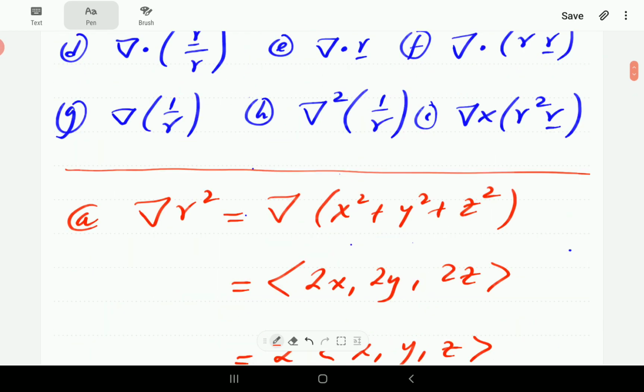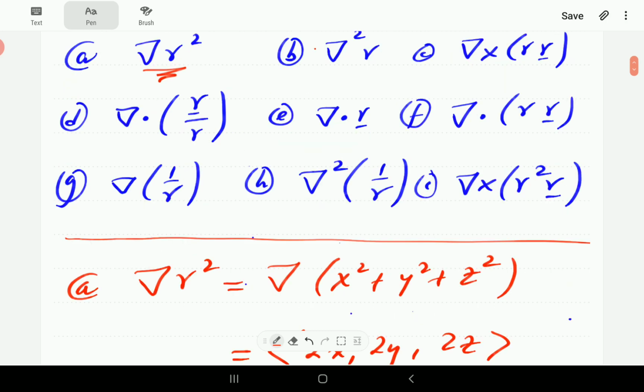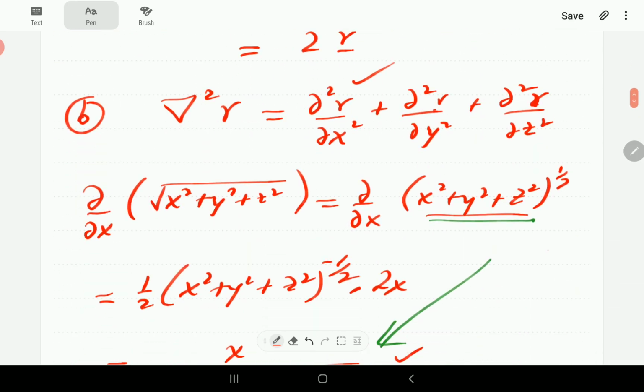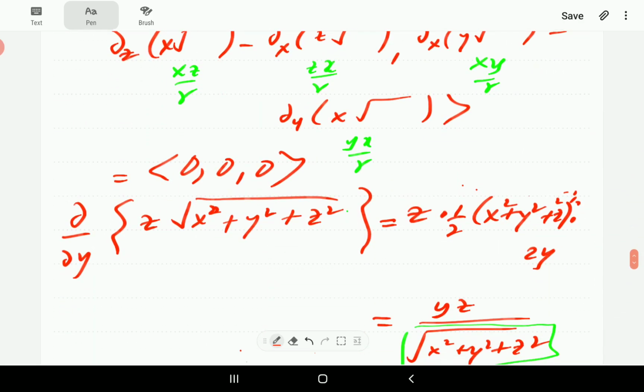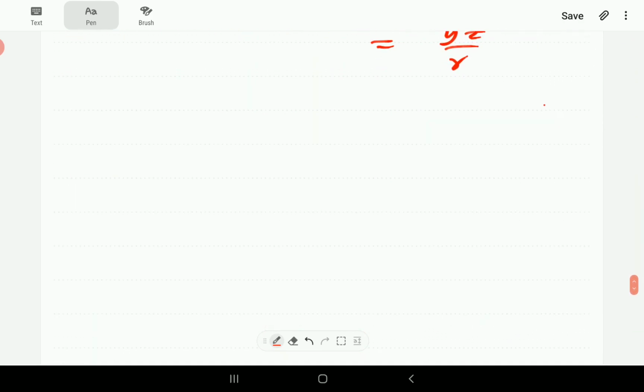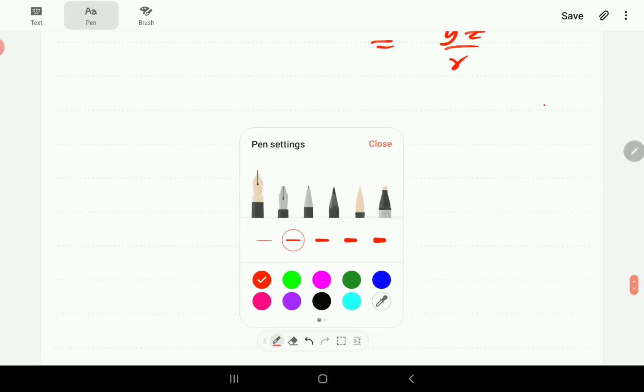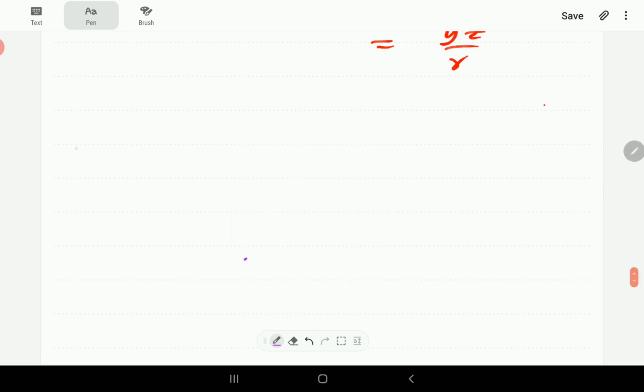Just check these out. So in D we have the divergence of vector r divided by the magnitude of vector r. So that's actually going to be a unit vector. So we have the divergence of vector r divided by the magnitude of r.